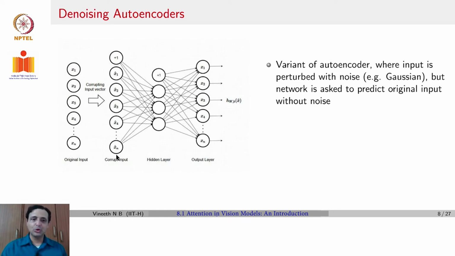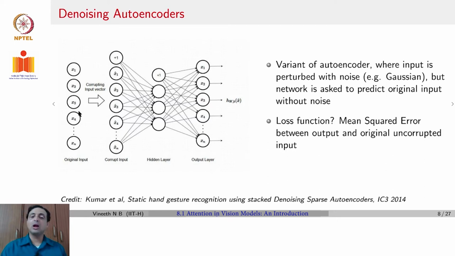Now you pass this through your encoder, you get a representation, then a decoder, and you finally try to reconstruct the original input itself. What is the loss function here? The loss function here would again be mean squared error. This time it would be the mean squared error between your output and the original uncorrupted input.